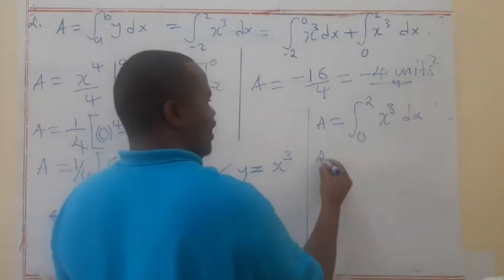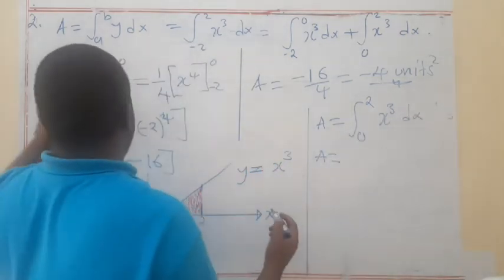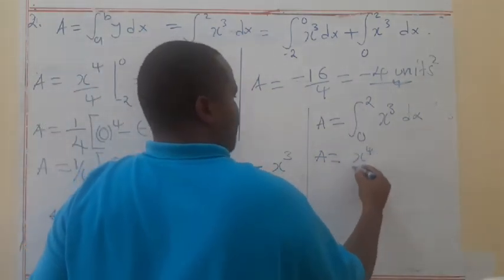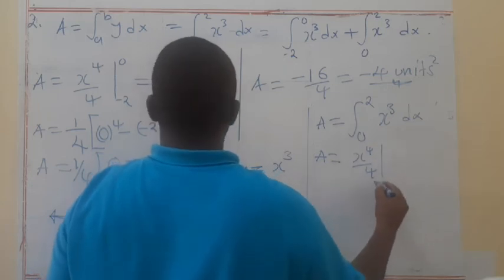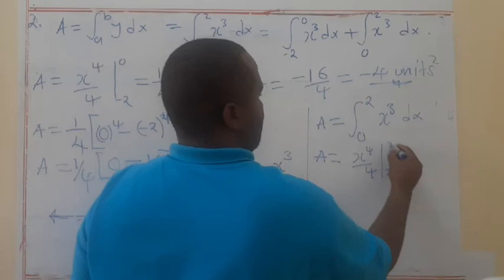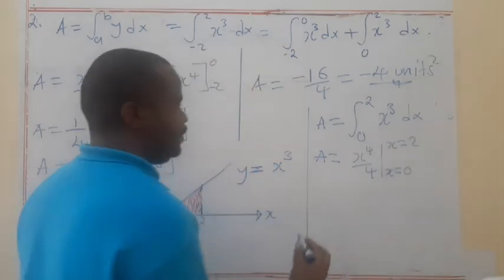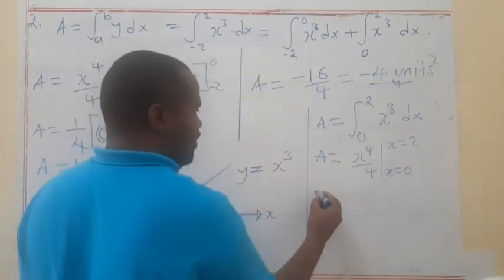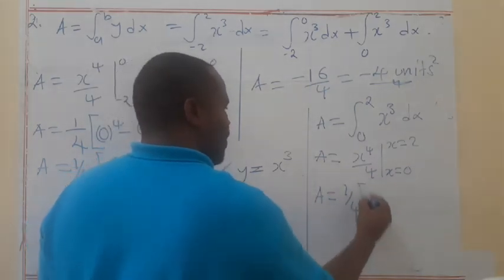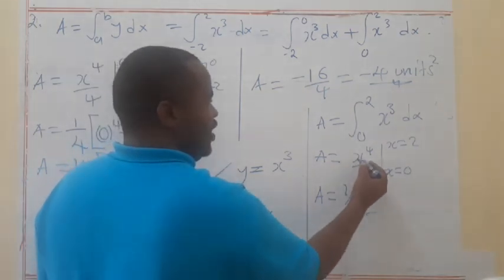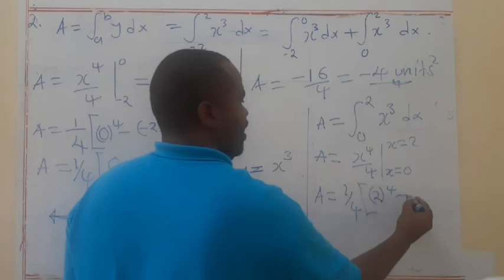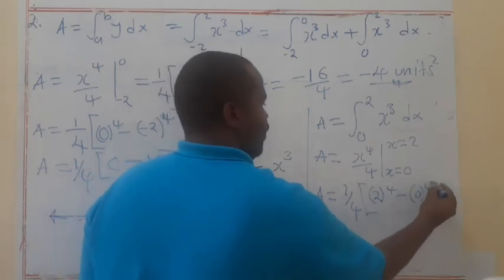So our area shall be equal to, it will be the same value here. Alright? X to the power 4 divided by 4. But our x is from x equal to 0 to x equal to 2 here. Okay? What does this mean? It means therefore that area is 1 over 4, open the bracket. So this one is x to the power 4, you put 2, so there will be 2 to the power 4 minus 0 to the power 4.